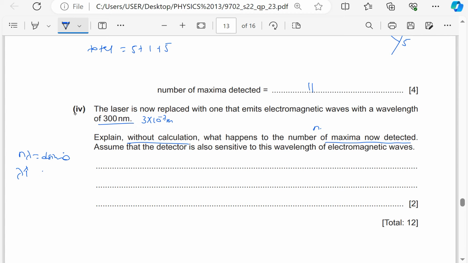Remember, wavelength is inversely proportional to n. So n should decrease.